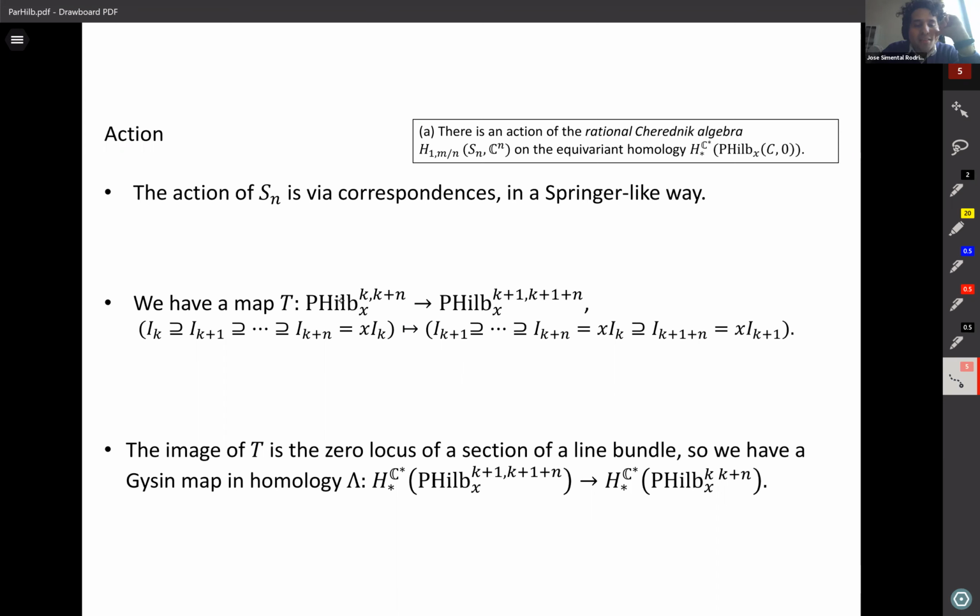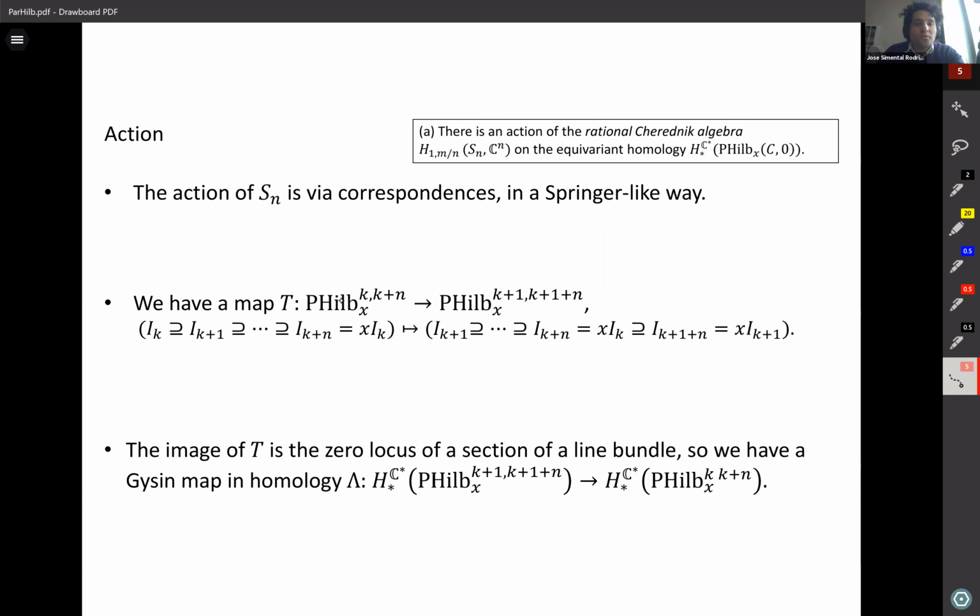One can check that this is the zero locus of a section of a line bundle in P Hilbert k plus 1, k plus 1 plus n. So I have the Gysin map on equivariant homology that technically goes from here to the equivariant homology of the image, but this T map is an isomorphism onto its image, so I can just put it back and I have this map.